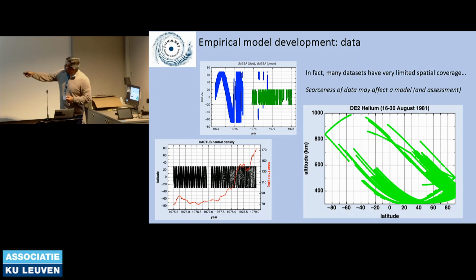This one was in a tropical orbit, a 20 degrees inclination orbit, so you have only information in this band. Cactus, accelerometer, similar. This is the distribution typically over 1 month with the mass spectrometers. Again, these are elliptic orbits, so this gives you latitude versus altitude. So this is the amount of space and time that is covered by such a mission. So actually you have more holes than information.